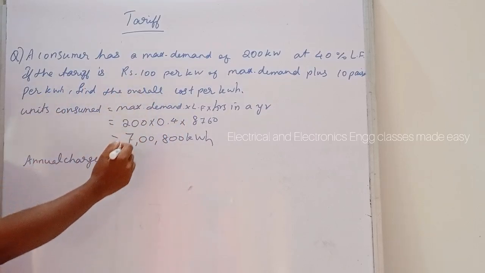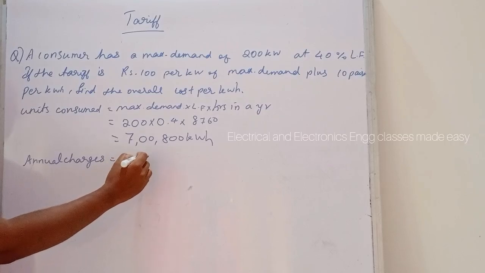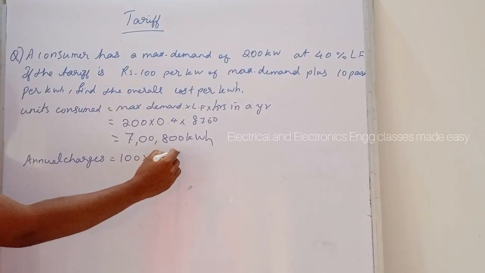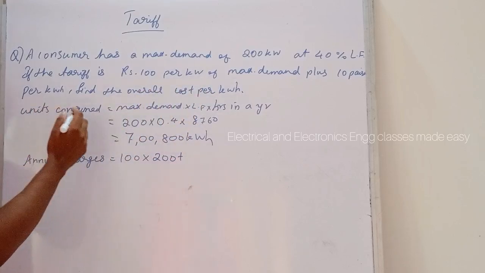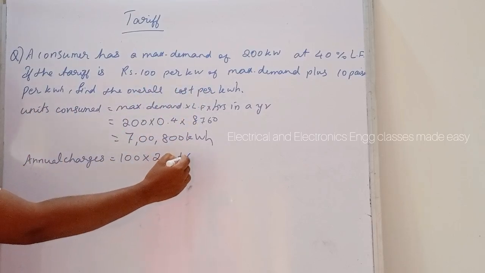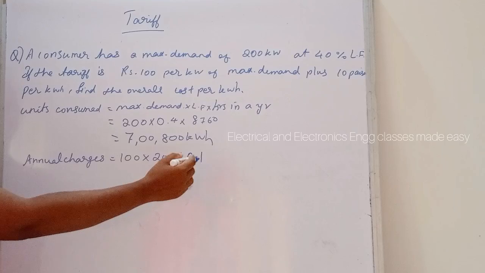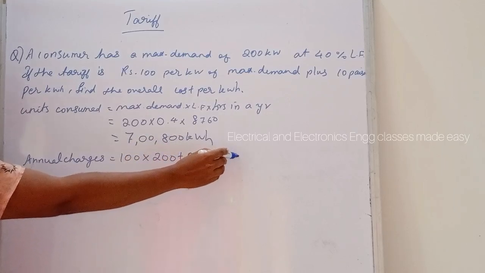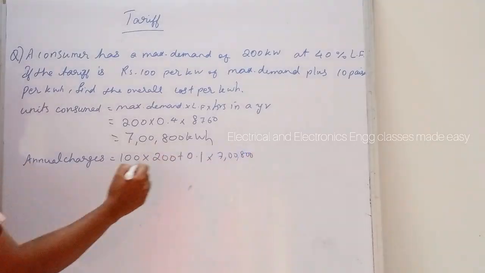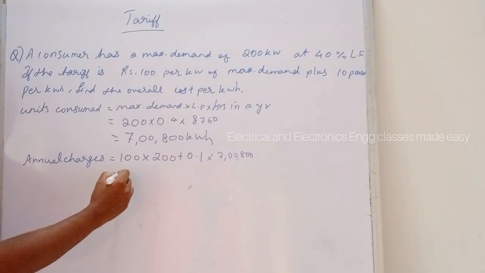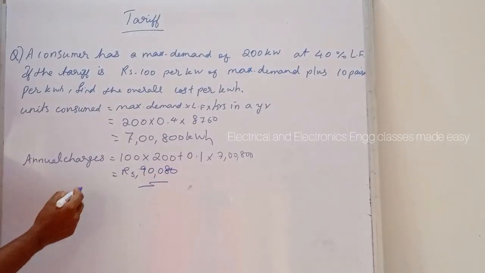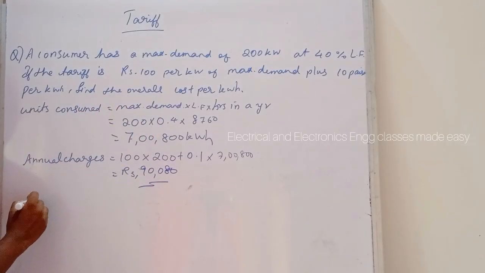So that is 100 into 200, then plus 10 paise per kilowatt hour. 10 paise means 0.1 into kilowatt hour, that is 7 lakh and 800, and we get rupees 90,080.